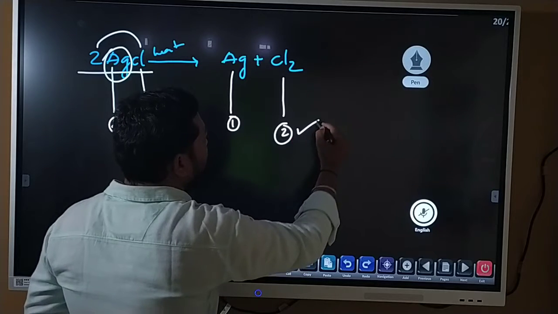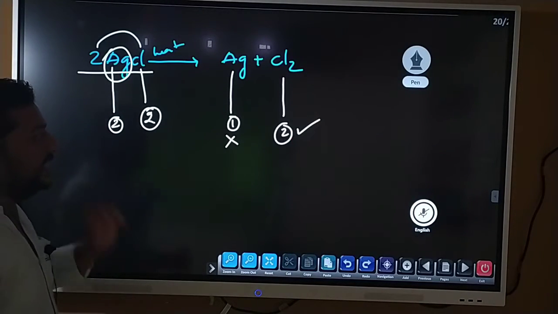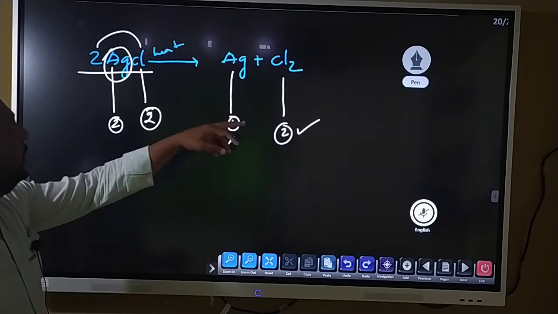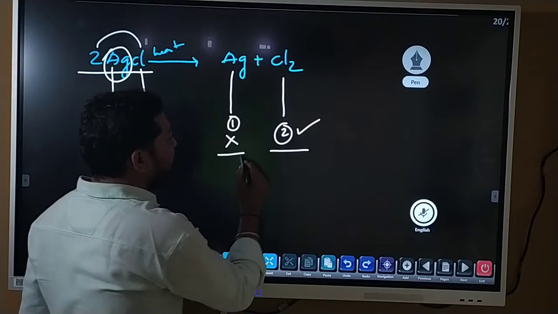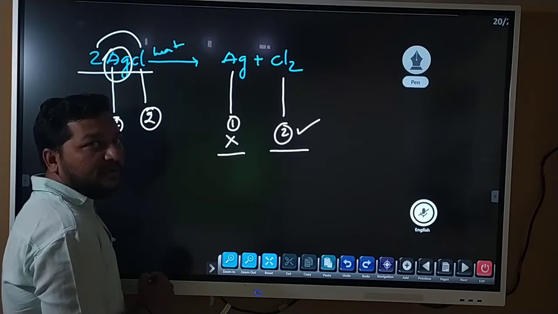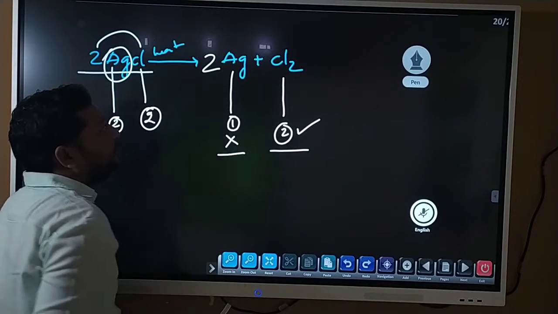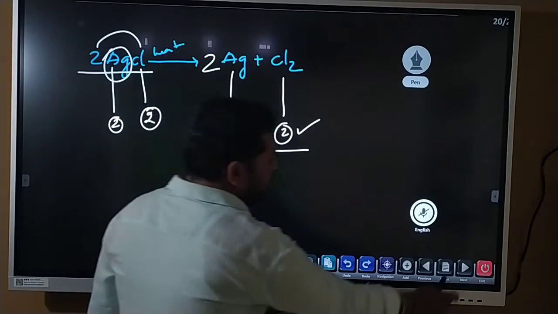That means chlorine is already balanced, Ag is not balanced. It is skeletal, we have to balance. Here we have 2 chlorine atoms, silver atoms only 1. What do we have to do? We have to manage with 2. That's why write 2 here: 2 Ag plus Cl2.